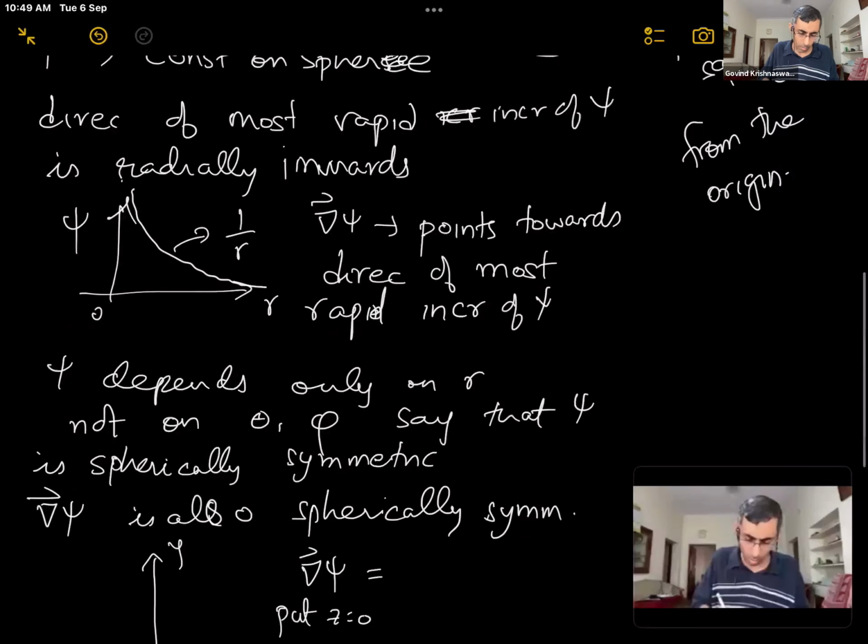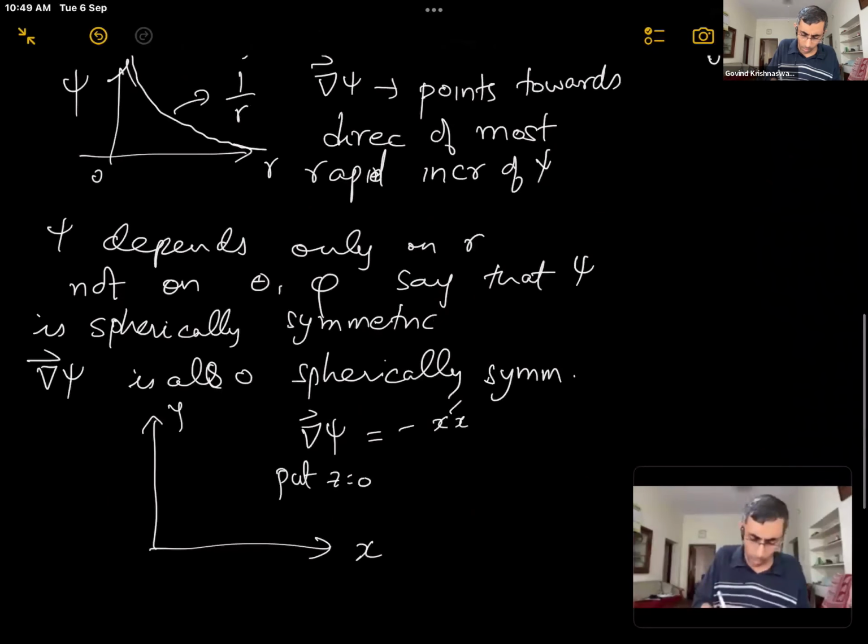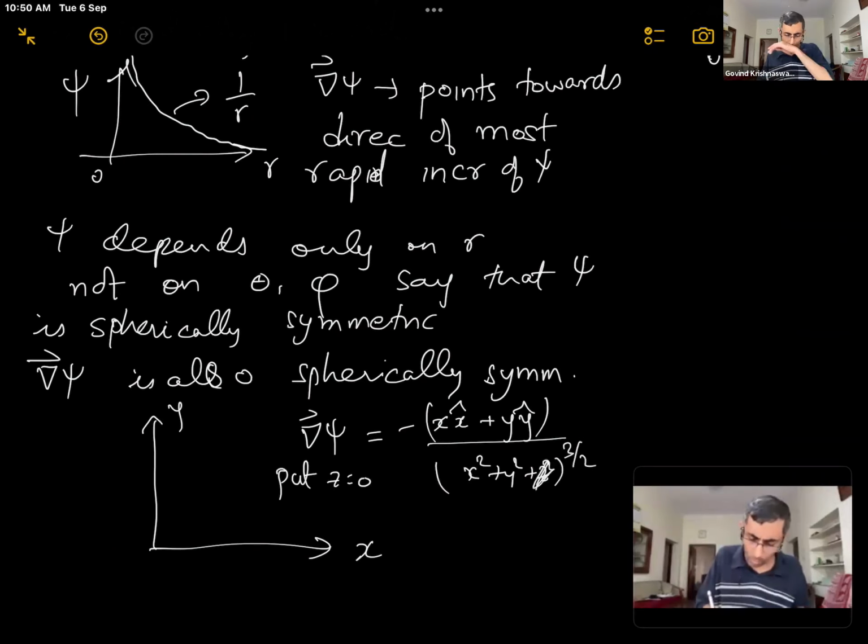Then it is simply minus x hat plus y hat over x squared plus y squared plus z squared, with z equal to 0, to the power of 3 by 2.